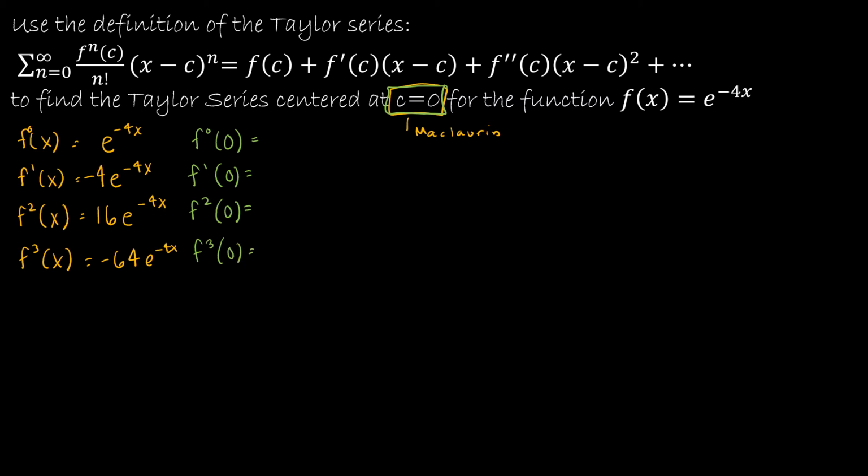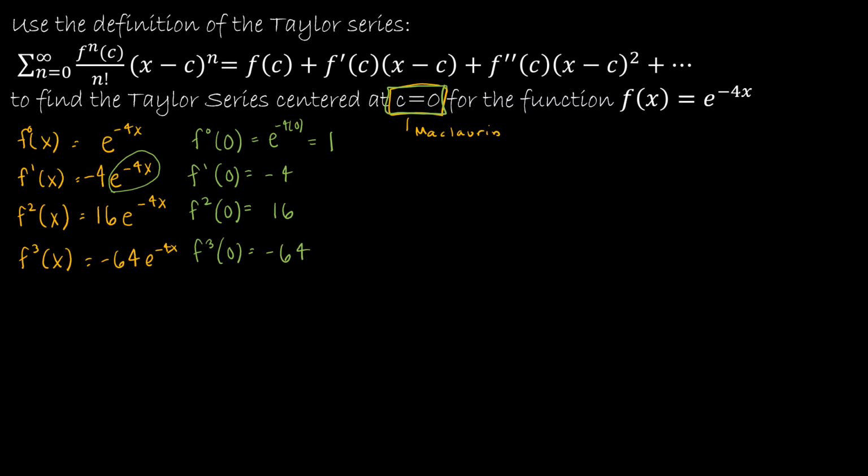So that would give me e to the negative 4 times 0, which is e to the 0, which is 1. And then using that same strategy, this is going to be 1 but times negative 4, so this is negative 4, this is 16, this is negative 64.